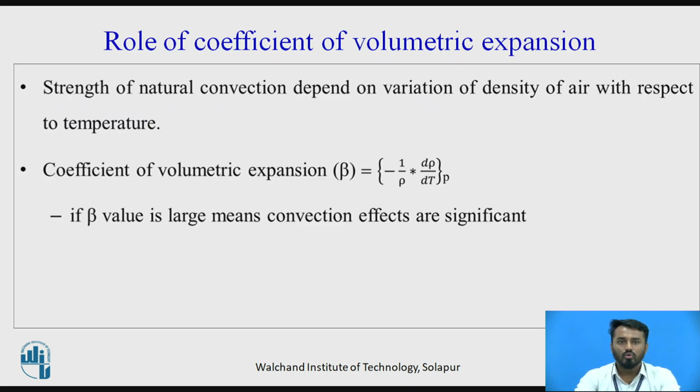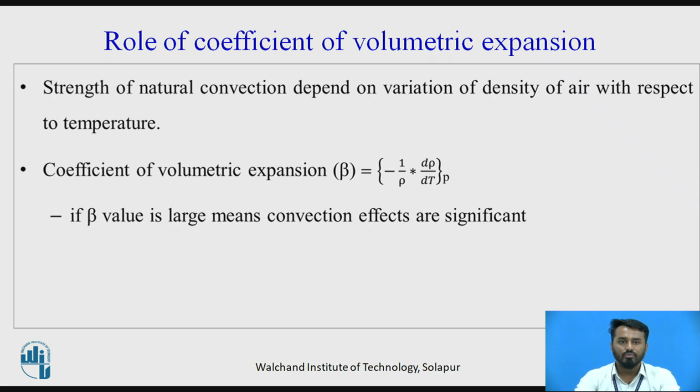Now the role of coefficient of volumetric expansion in natural convection. In natural convection, density variation of the fluid particles adjacent to the plate depends upon the temperature of the plate and the variation of density along the plate. So we have one property called the coefficient of volumetric expansion, which ultimately decides the strength of the natural convection phenomena.